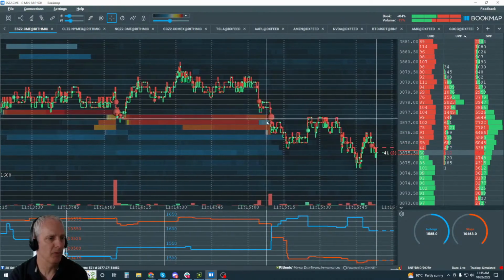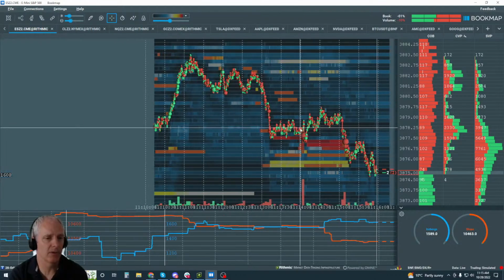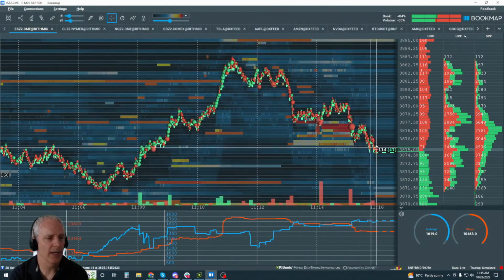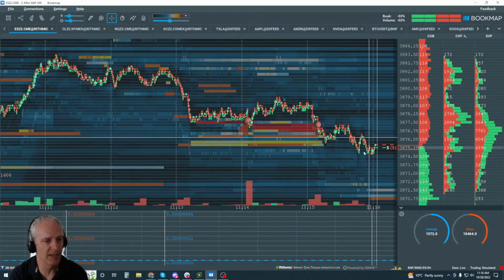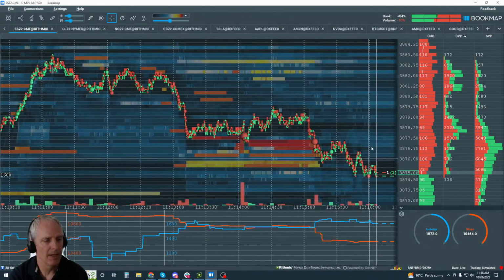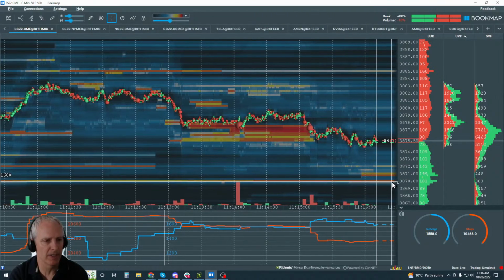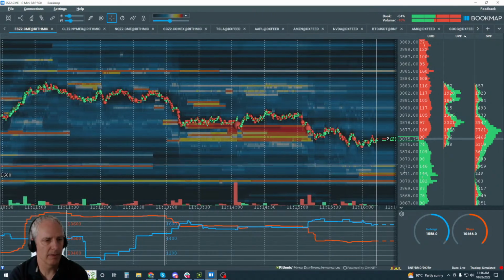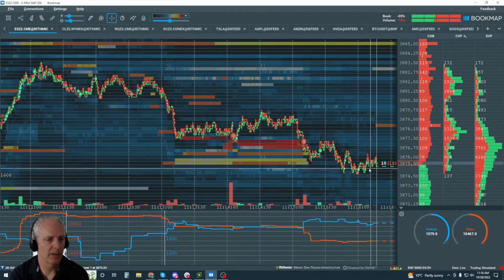If there's going to be more selling pressure on the bid here, and that's the case, then we need to see sellers down here as well. If we get that, then they should be able to trade down to 71 and 70, right? That makes sense. Okay, we need to see those sellers though.